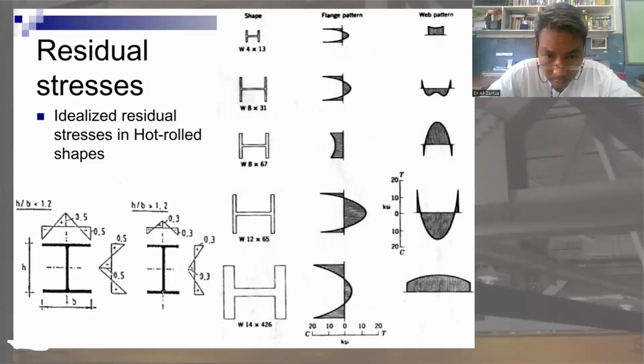Here, compression, tension, and compression. But when we are talking of the web, we have tension, compression at the center, then tension. Then the last example, all tension.